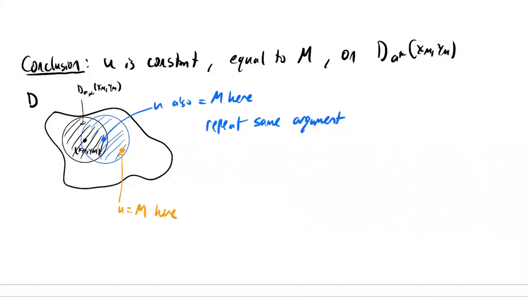and so once again, I can find a disk centered at this point, which is contained inside my domain, maybe like this. Repeat the argument again, and now u has to be equal to m everywhere here, and we just keep doing this, and eventually we're going to cover the whole domain.